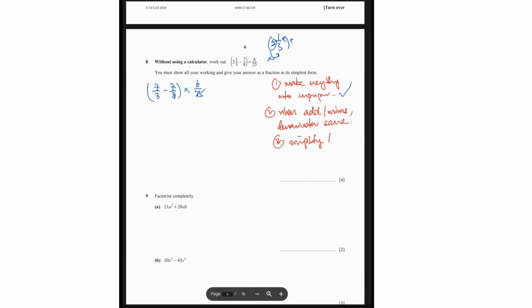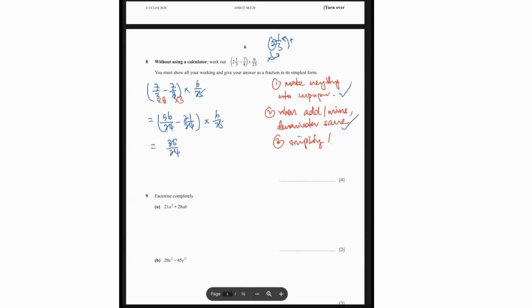Okay, step number 2, when adding and minusing, make everything into the same denominator using equivalent fractions. Let's do that. 3 and 8, I can change them both into 24. So this one times 3, this one times 8. Okay, so on top is 56/24 minus 21/24, bracket, 6/25. Okay, simplify. This is 35/24.